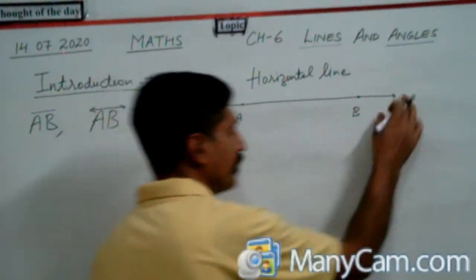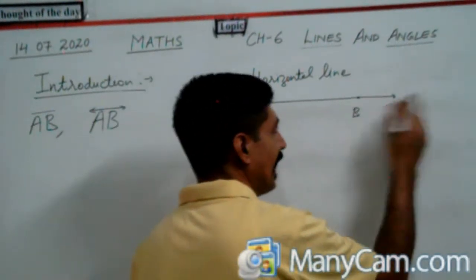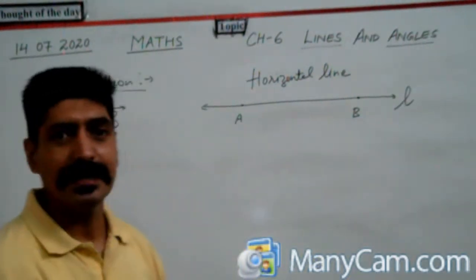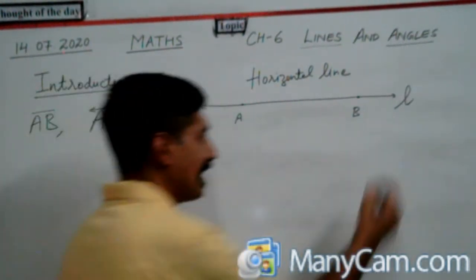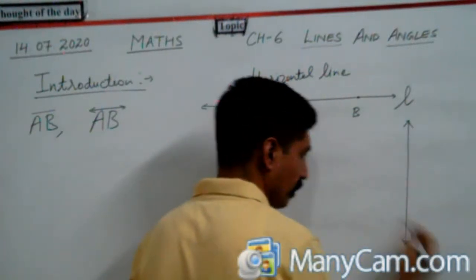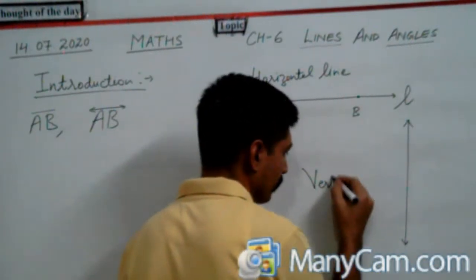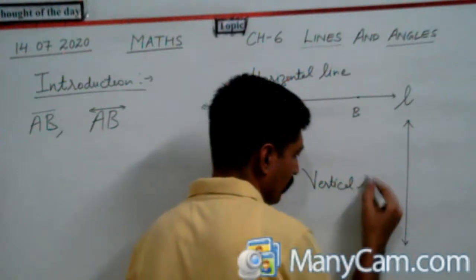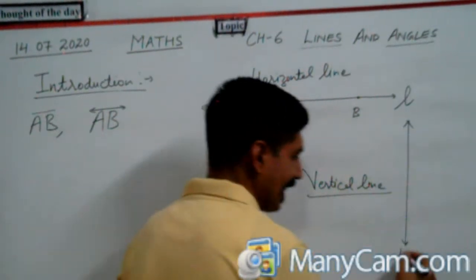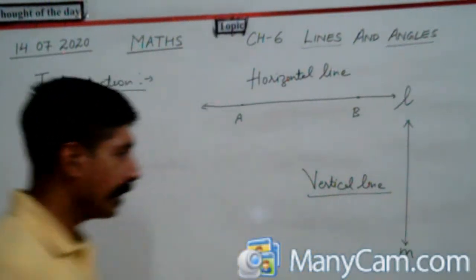And we also denote a line sometimes with small letters, right? Like l. If this line is the vertical line, let this line be m.